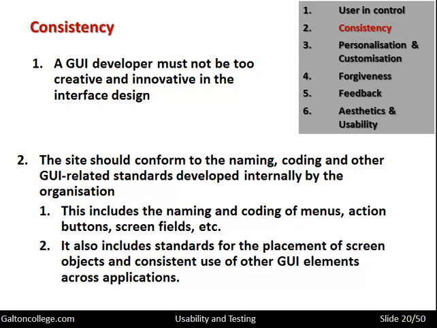It also includes standards for the placement of screen objects and the consistent use of other GUI elements across applications. There seems to be an emerging almost consensus about some of the GUI designs, that the search box, for example, will go in the top right hand corner. That's fairly well established. So the user to a site will expect to find a search box in that location. The banner goes across the top.